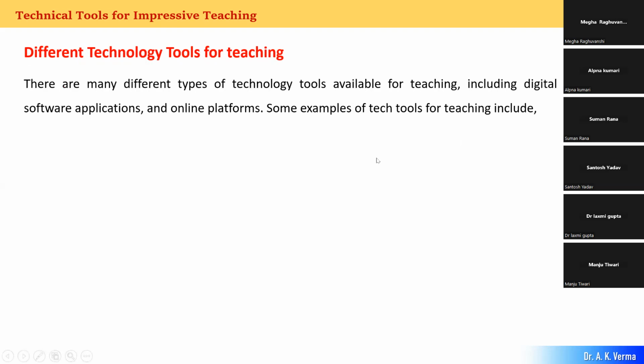So let's see what are the different technology tools available with us. There are many different tools available for teaching, including the digital resources. Digital resources means images, audio, videos, various software applications, and the online platforms.